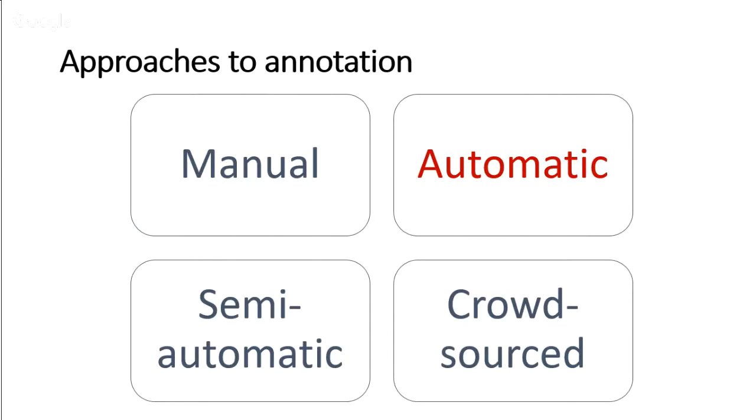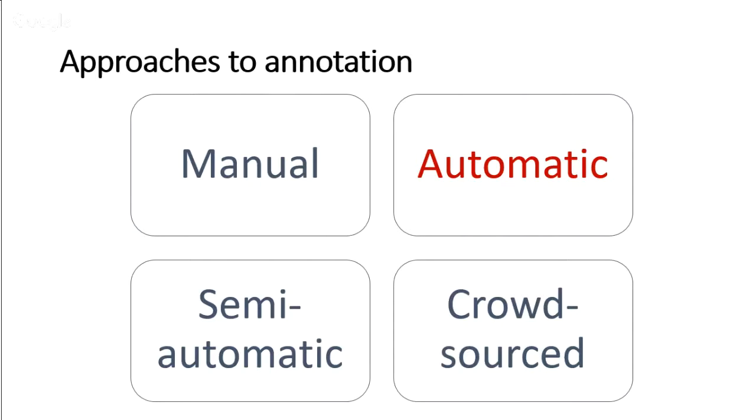There are different ways of annotating texts, as you will have experienced. Manual annotation is, of course, the method that you've heard about when learning about treebanks. In this lecture, we'll focus on the automatic approach to annotation.